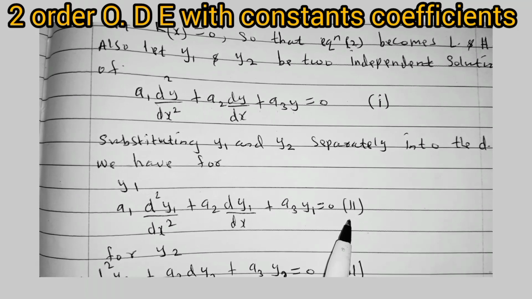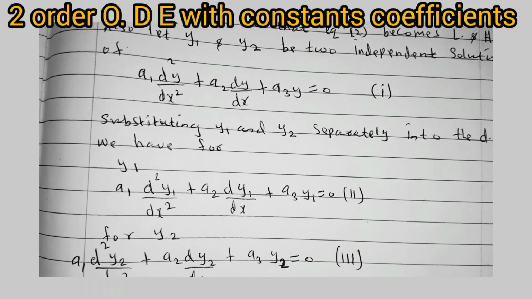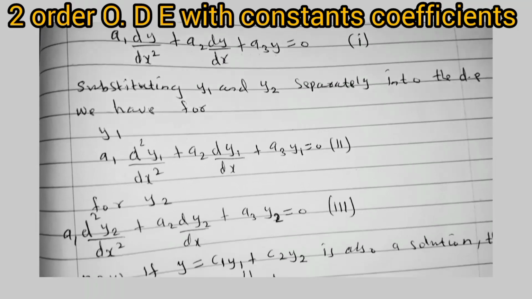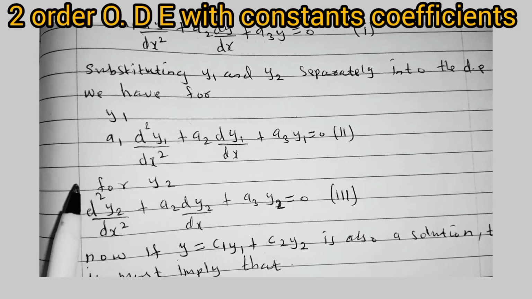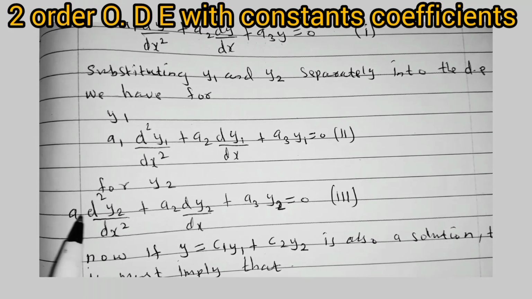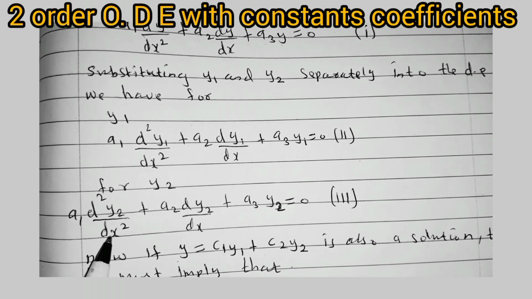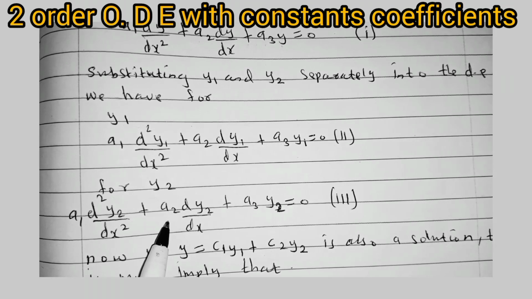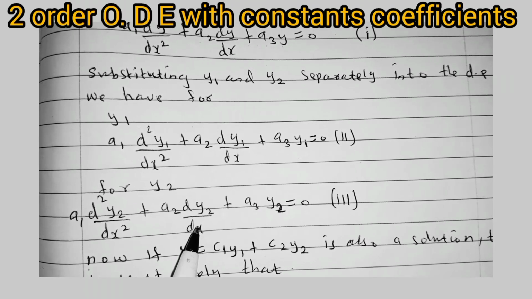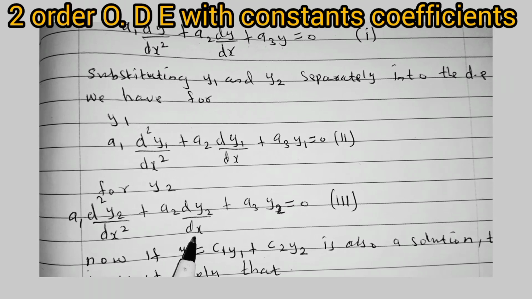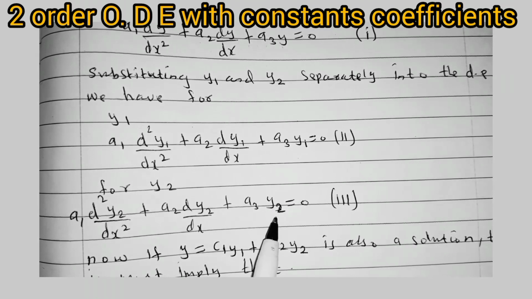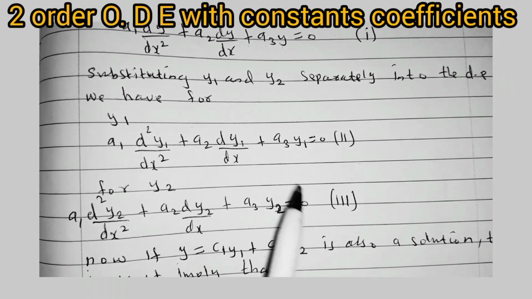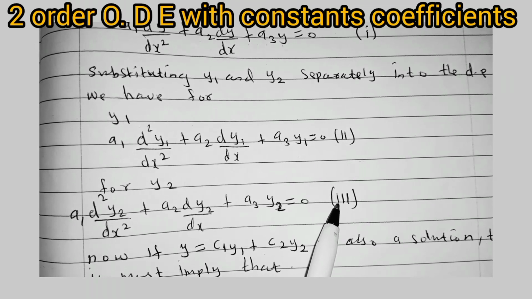You call this equation 2. Then when you substitute y2, you get A1 d²y2/dx² + A2 dy2/dx + A3 y2 = 0. Now you call this equation 3.